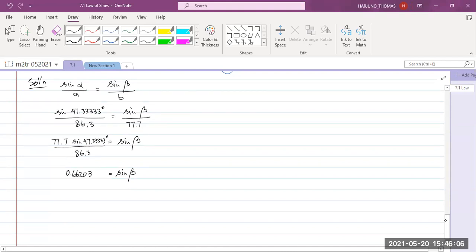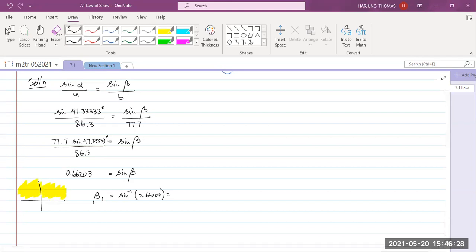The first angle, B1, must be in quadrant 1, and therefore I will just say that's sine inverse 0.66203. Remember, sine is positive in quadrant 1 and 2. Sine inverse of that is 41.45516 degrees.